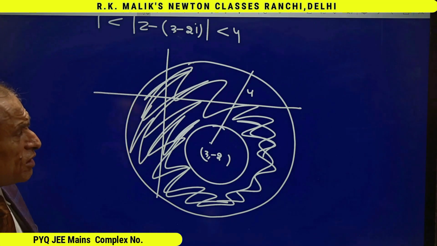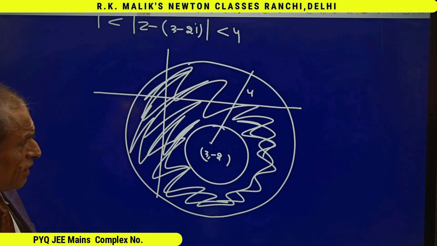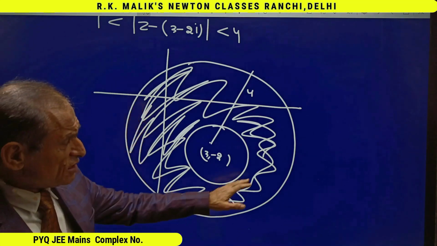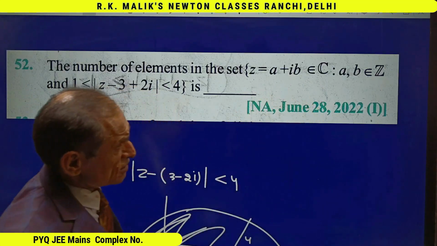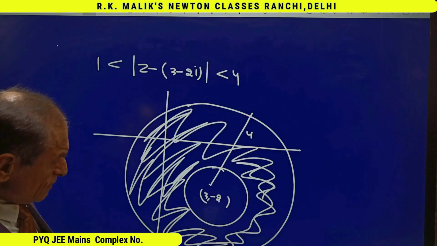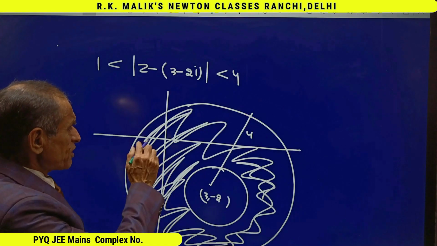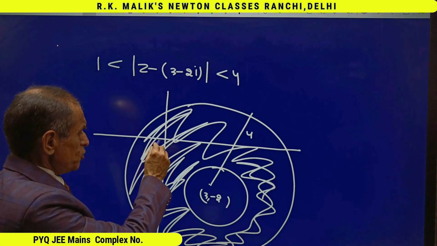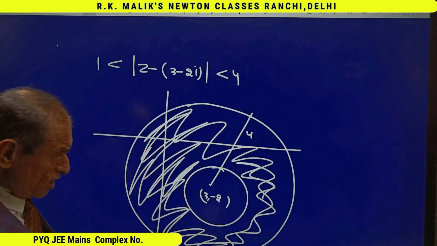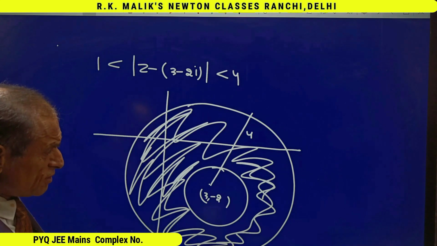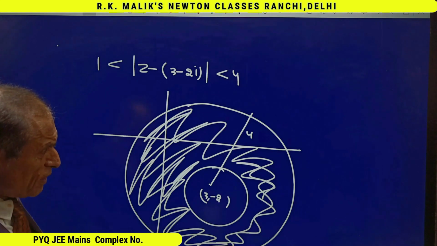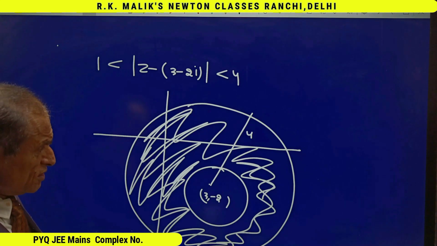But we have to find only the integral points lying in this region, because a and b are given to us as integers. To make the question simple, I shift the origin 0, 0 to the point 3, minus 2. By shifting of axis, the number of integral points will not change.